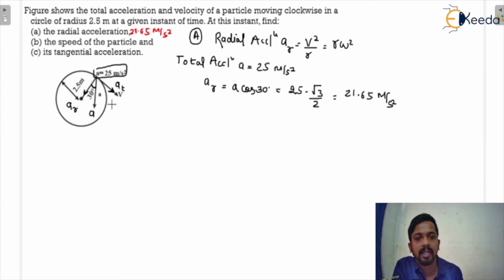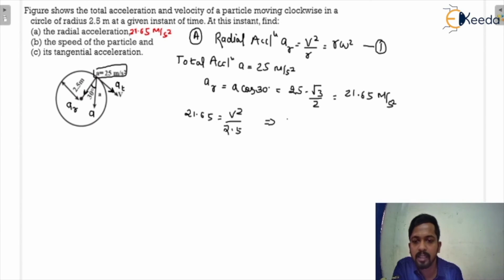The speed of the particle. You have to calculate the speed of the particle. Here you can see the radial acceleration we got is 21.65. If we use the first equation, you can get the linear velocity as well as the angular velocity. Here it is asking for the speed of the particle, so we will equate 21.65 is equal to v square upon r. v is the speed of the particle and r is the radius that is given in the question, that is 2.5.